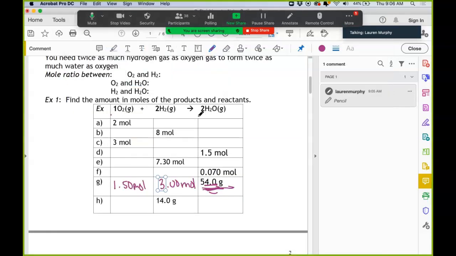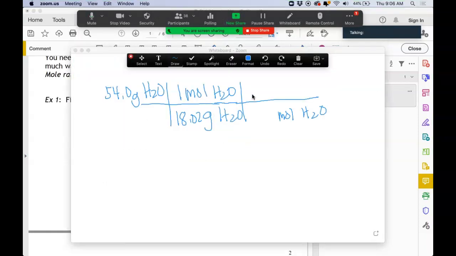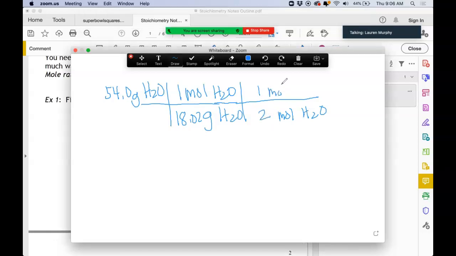So I do the ratio between water and oxygen. For every 2 moles of water that are produced, 1 mole of oxygen reacts. Again, these are our coefficients from our balanced chemical reaction. This is the stoichiometry part. Okay, so this is 54 divided by 18.02 divided by 2.